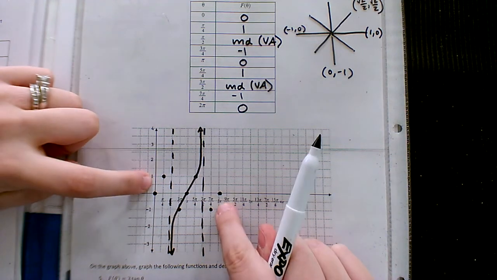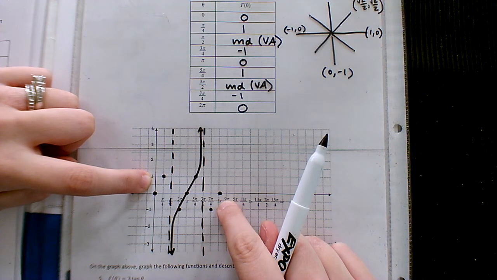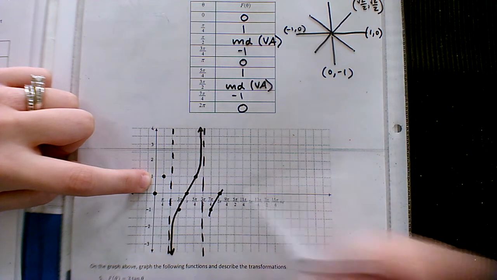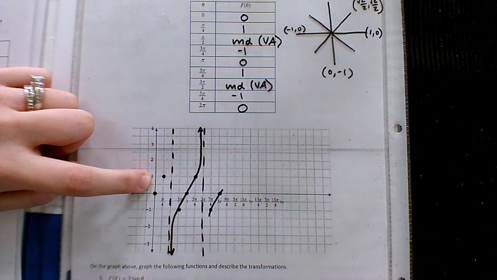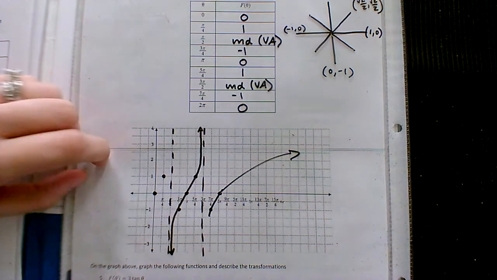What do you think these dots on the end are representing? I know we got to connect the dots. The question is, where do we go after we connect them? Do we go like that? What do you think? Yeah.